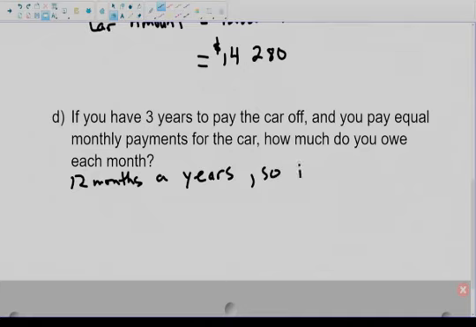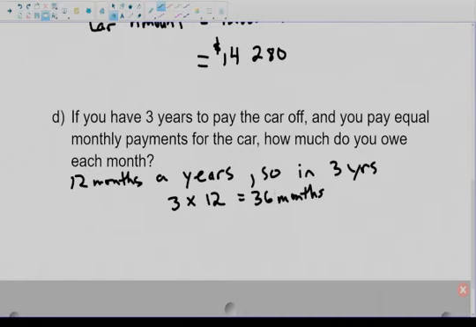So in 3 years, we have 3 times 12, which is 36 months. In fact, a lot of times when you look at commercials for vehicles, they'll actually tell you it's a 36-month loan or something like that, telling you how many months you have to pay it off. Okay, so we're just multiplying the number of years times the number of months, and that tells us how many payments we're going to have to do.